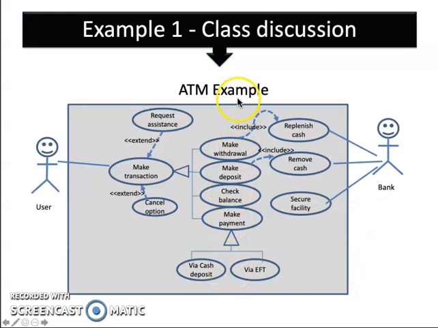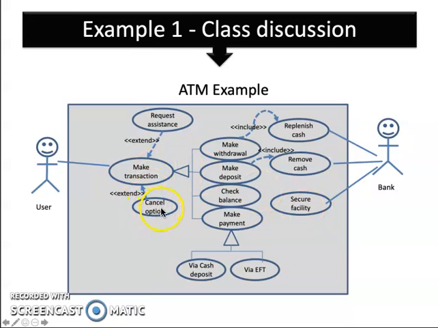So we can see in this example over here that we have the ATM system, we have the boundary over here, we have a primary actor, which is the user or can be a customer. We have a secondary actor, which is the bank. And then there's a straight association here indicating that this user can make a transaction. Over here, we see the bank can replenish cash, the bank can remove cash, the bank can secure the facility.